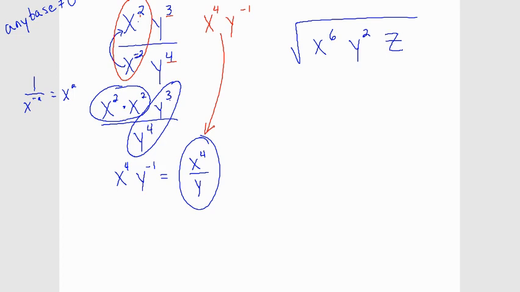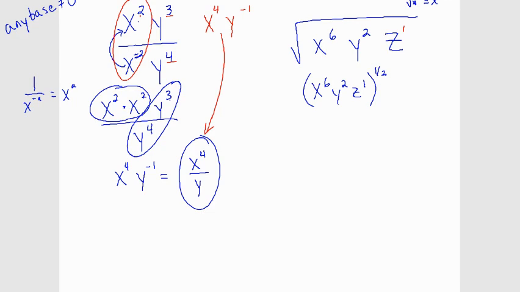We've got a square root of x to the 6th, y squared, z to the, we have to remember this is z to the 1st. It's always good to write in those exponents. But remember, square root of x is the same as saying x to the 1/2 power. So I'm going to rewrite this as x to the 6th, y squared, and z to the 1st, all to the 1/2 power. And what I can use here is my multiplication property.